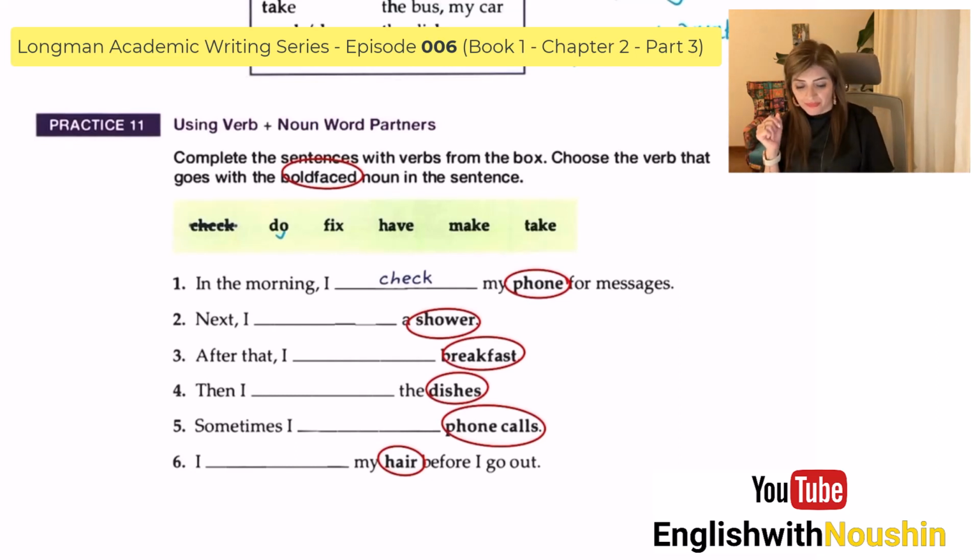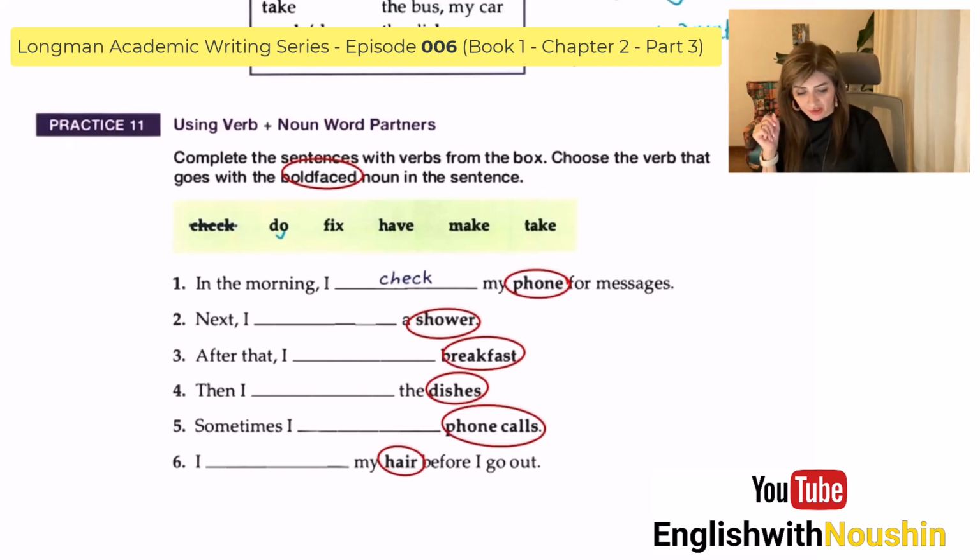Okay, now, some of the verbs can match different nouns. Be careful which one you use for what. You've got 6 sentences, 2 minutes. Ding! Okay, let's go back.